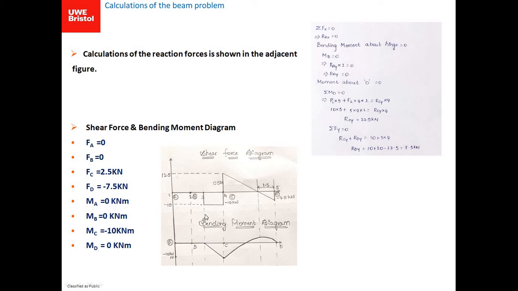So that's why it should impose a force in this direction, resulting in the beam bending like this. So that's why here the bending moment will be in the lower position, not in the upper position.